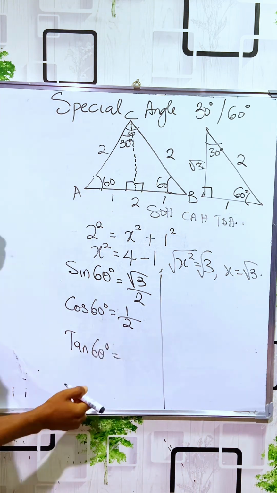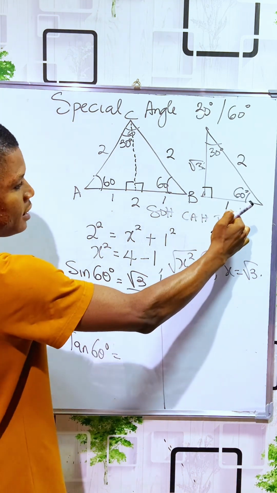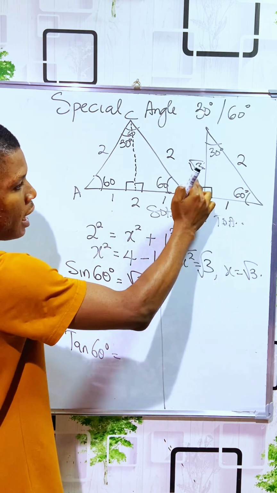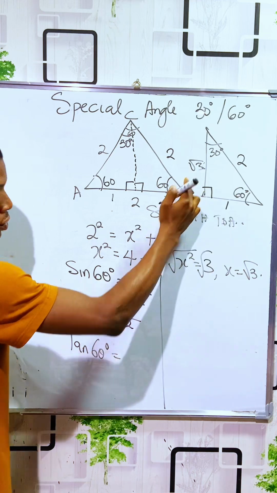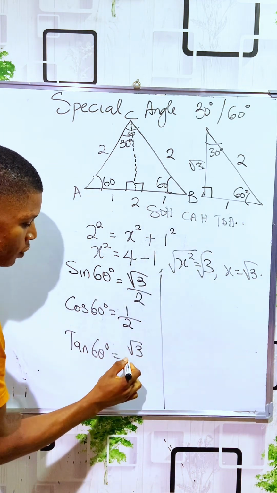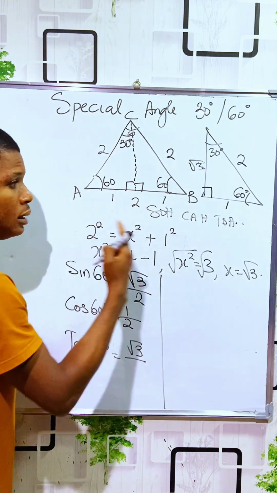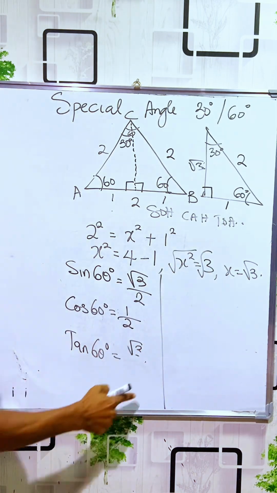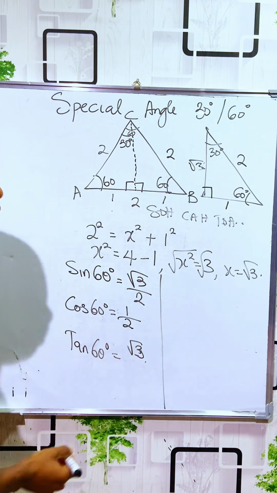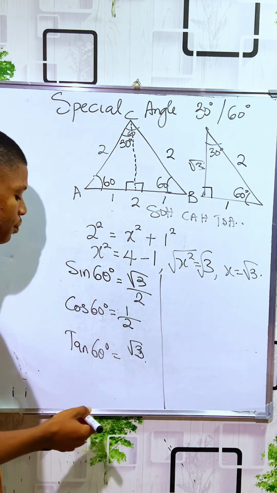Tan is the ratio of opposite and adjacent. So tan 60 is the opposite, root 3, over the adjacent, 1. So basically it's just root 3, because anything divided by 1 is that particular thing.